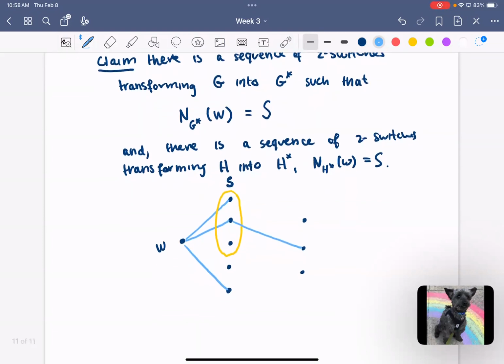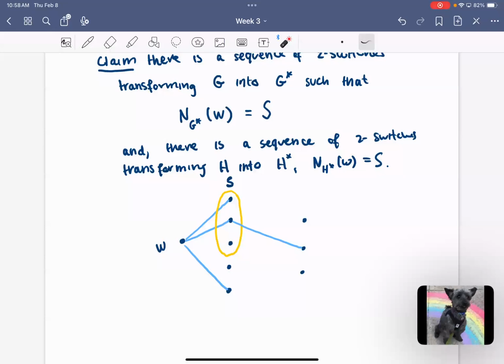This is the setup, and we're going to argue that there is a sequence of two switches so that I can get all of these edges coming out of W to be going to the set S.